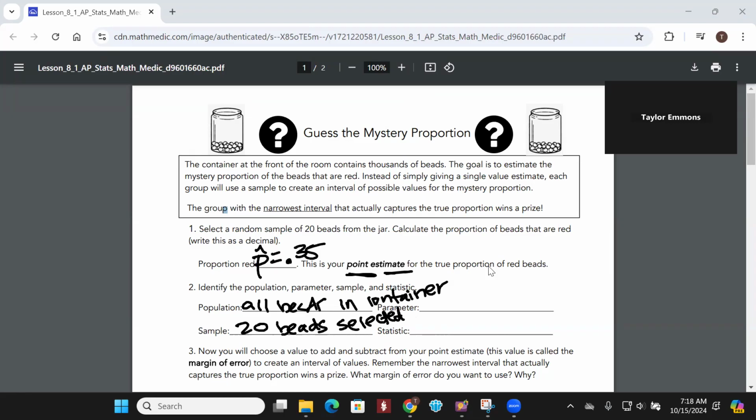So parameter is going to be P, which is going to equal the true proportion of red beads. The statistic is going to be P with a little party hat. So P hat is equal to 0.35. This is what we're going to call the point estimate.